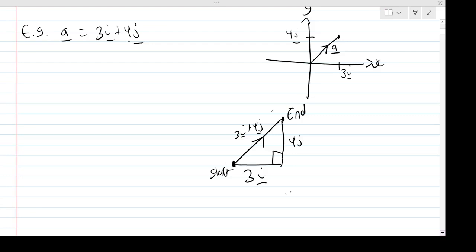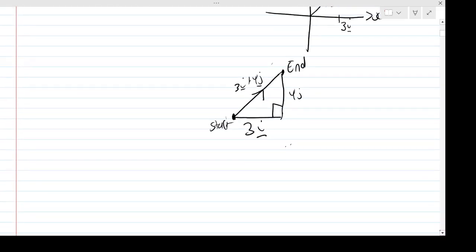And so if I simplify this triangle even more, let's do it down here. Well, obviously the x part was 3i, but in numerical terms it's just 3. We're going 3 along, and then we're going 4 up. So the 3i means we're going 3 along, and the 4j means we're going up by 4.